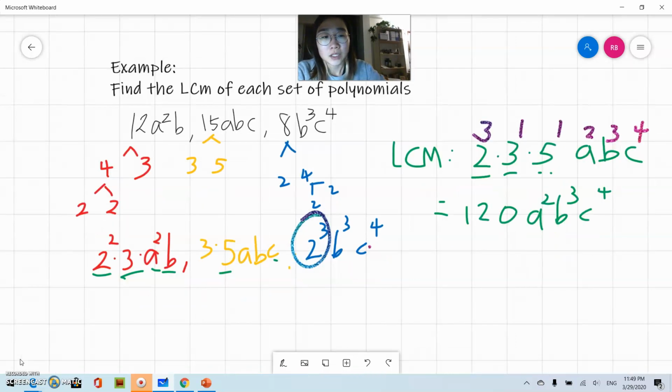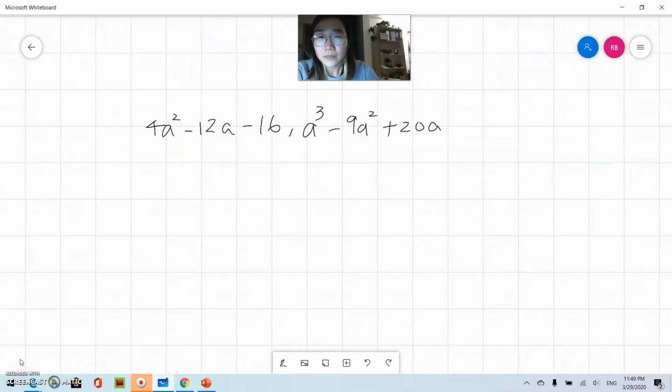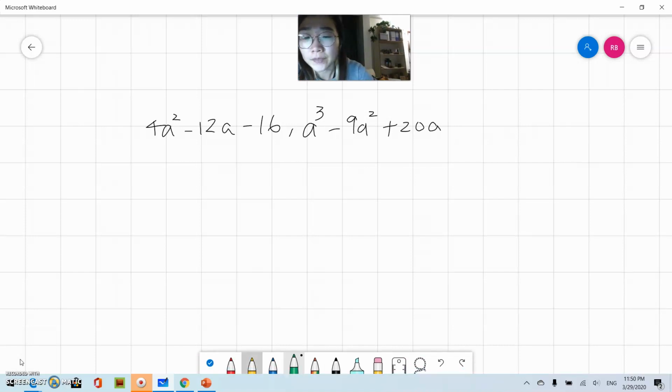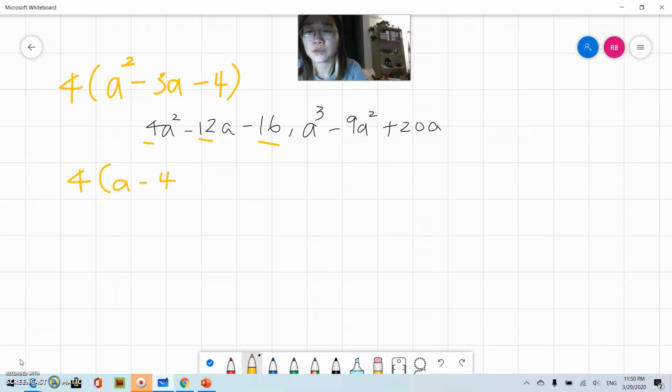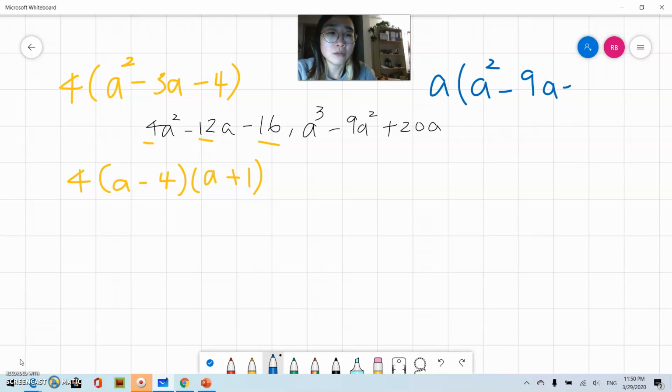Let's look at the ones that we need to factor. Again, before you factor, always check if there is a greatest common factor, because that will help your factoring and make things a little bit simpler. So I see that they have 4s in common. Then I factor the trinomials that you see there. So it's 4, and two numbers that multiply to -4 but add to -3 would be this pair. And then this has a GCF of a, so let me get that out first.